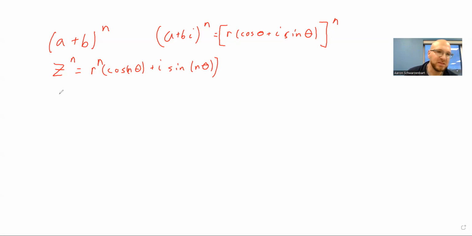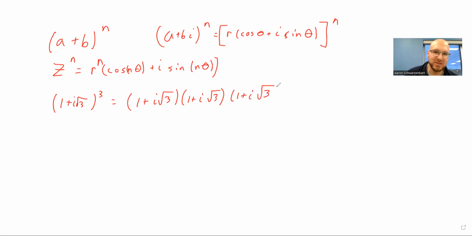Okay. So we've got this complex number, 1 plus i root 3 to the third. Now, if you want to do this by hand, this is not that bad. It's only a third power. You would take all of these and expand it out.